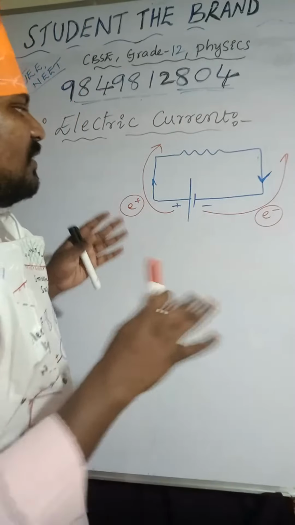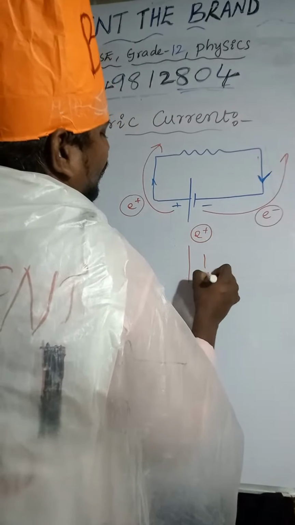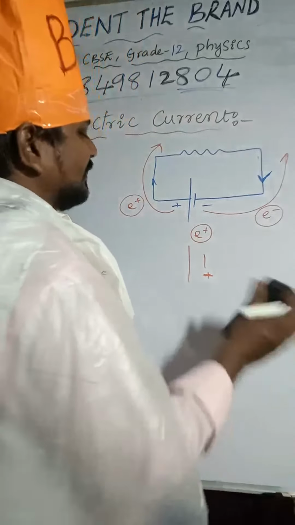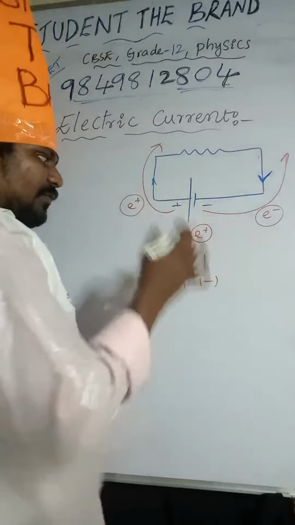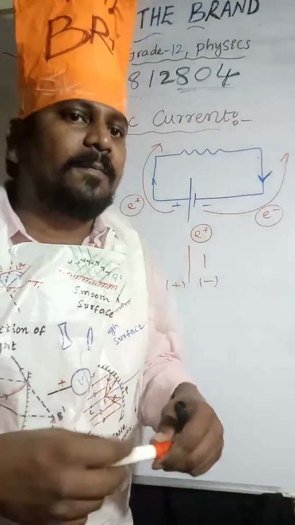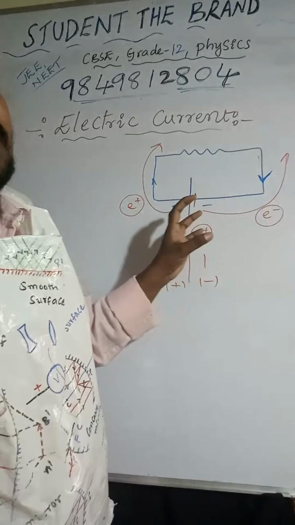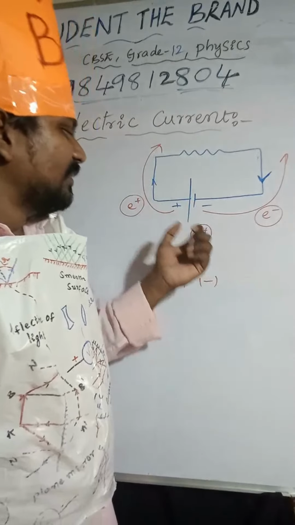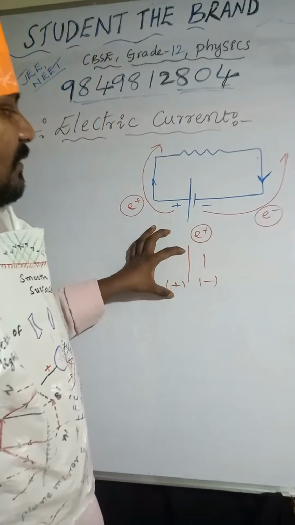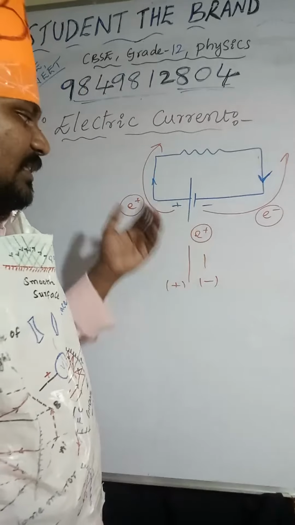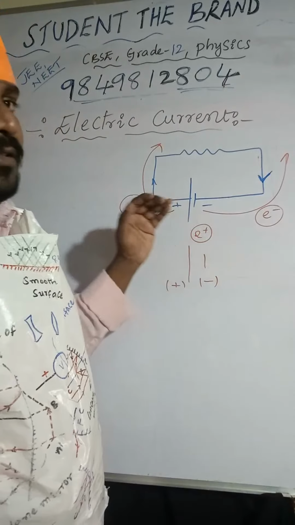But how do the positive charges move from the negative terminal to the positive terminal inside of the cell? Some force is required to bring a unit positive charge from the negative terminal to the positive terminal of the cell.